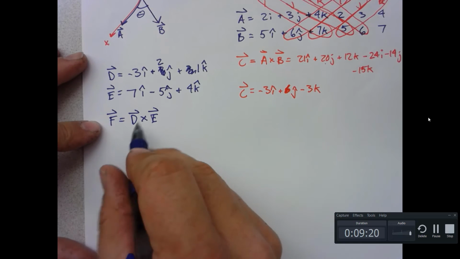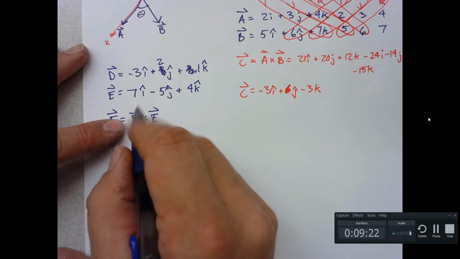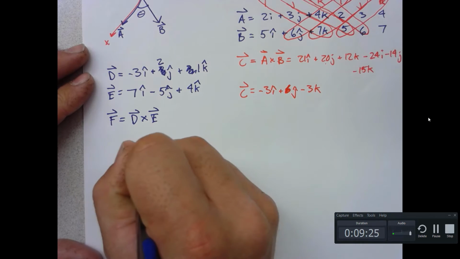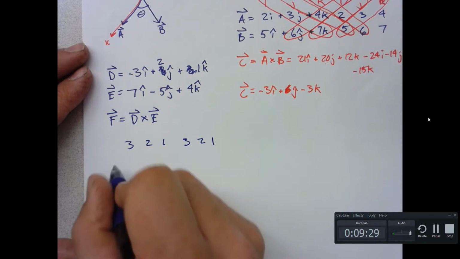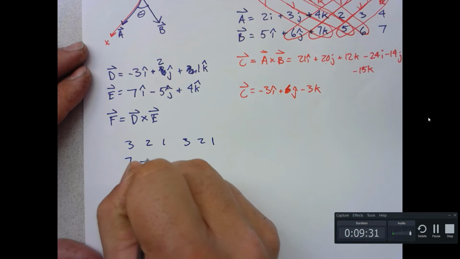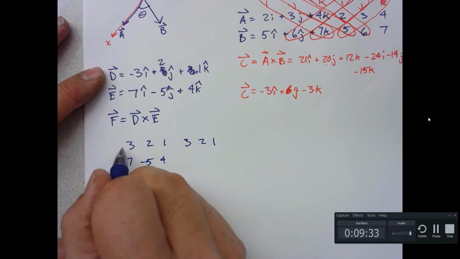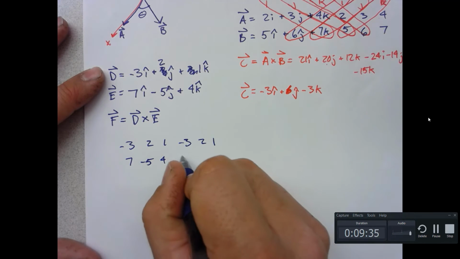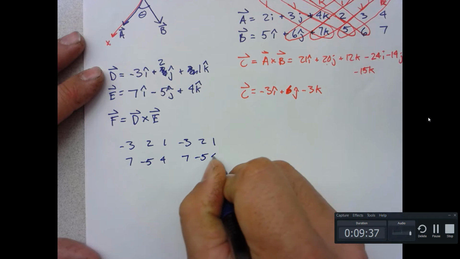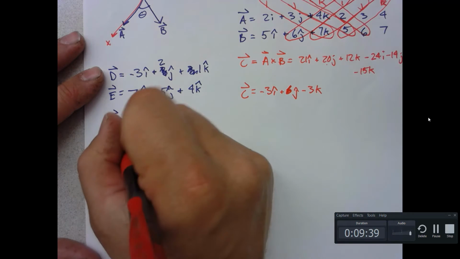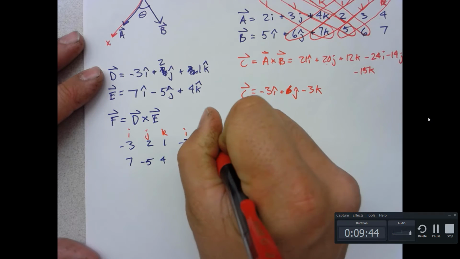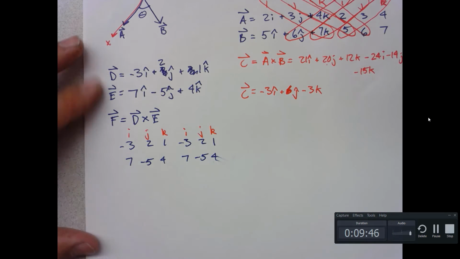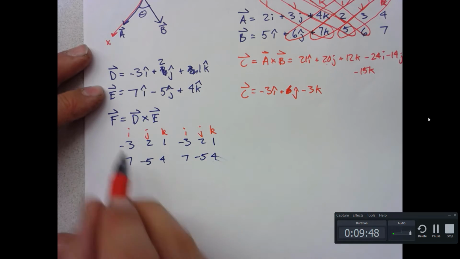Okay. So D cross E, I'm going to put D on top. Negative 3, 2, 1, 7, negative 5, 4, and then I, J, K, I, J, K. So go diagonal.